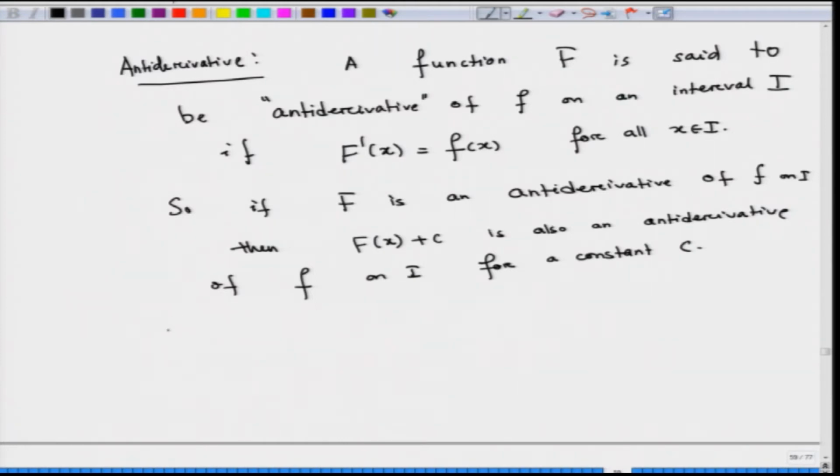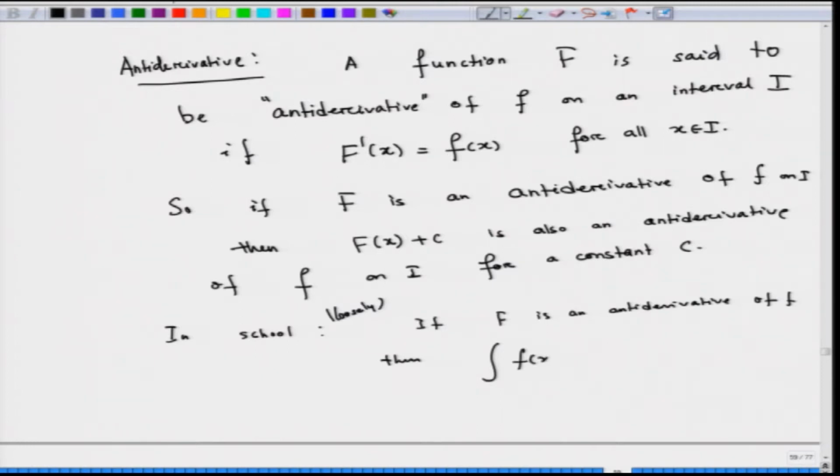So, in school, if F is an antiderivative of f, loosely, then what we have defined, the integral of f of x is equal to F of x plus c, we introduced this symbol.